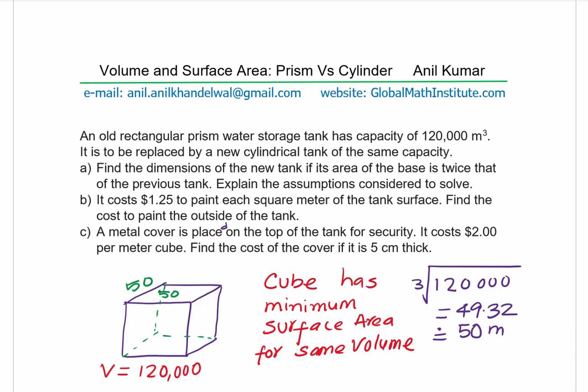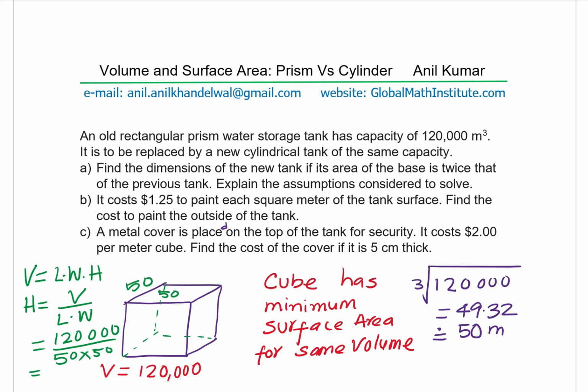Now if that is the bottom surface, 50 by 50, in that case, what should be the height? Well, the height is calculated from the volume, because volume is length into width times height, and from here height equals to volume divided by length into width. So in this case, we have a volume of 120,000. We are going to divide this by 50 by 50.